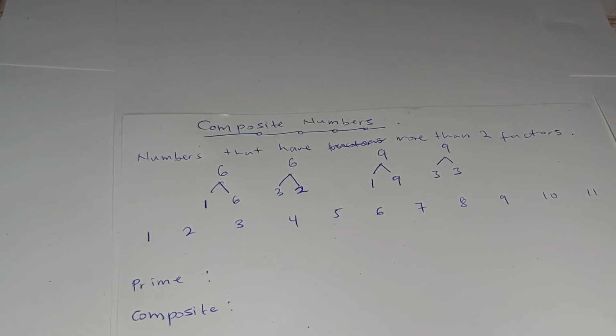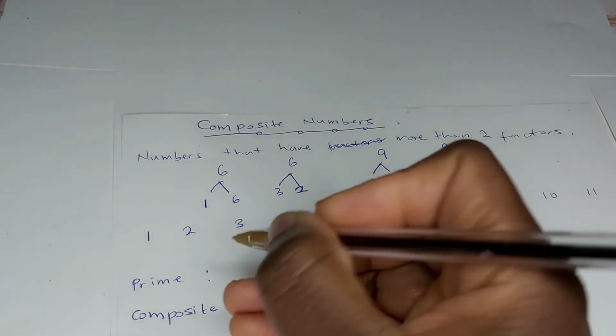So the next number is 2. How many factors does 2 have? 2 has 2 factors, 1 and 2 itself. So we can say that 2 is a prime number.